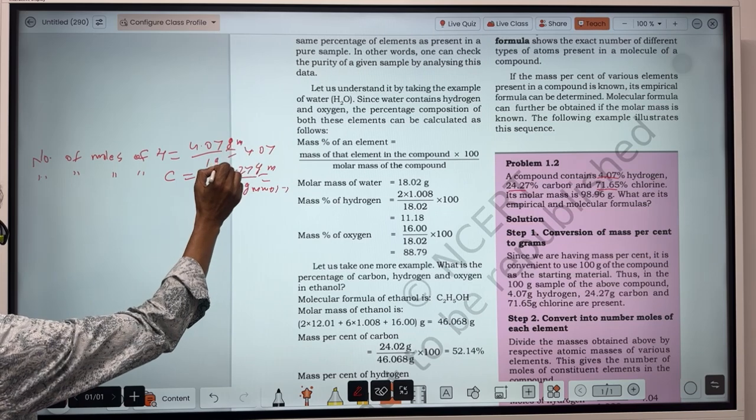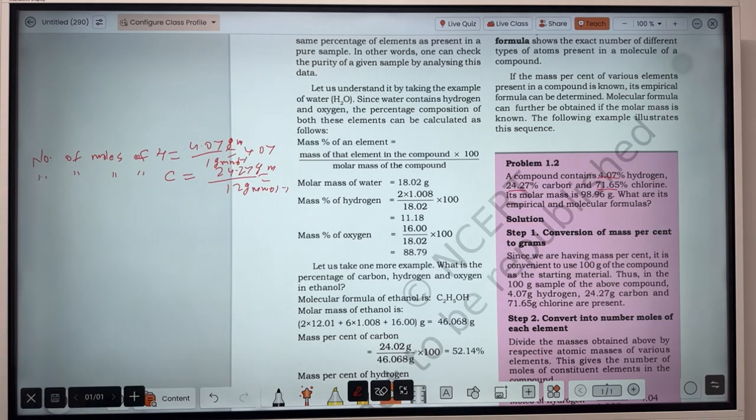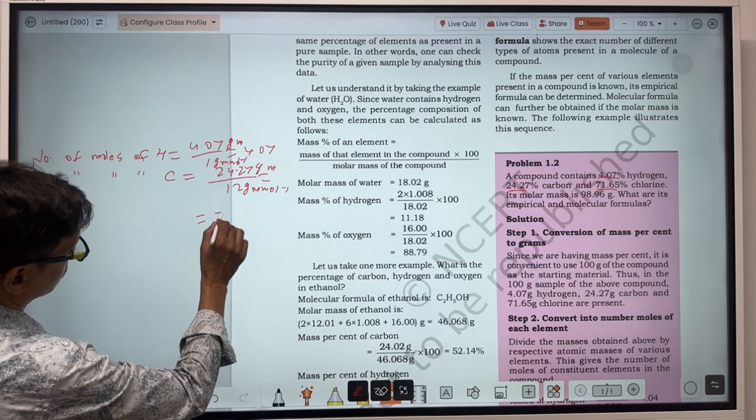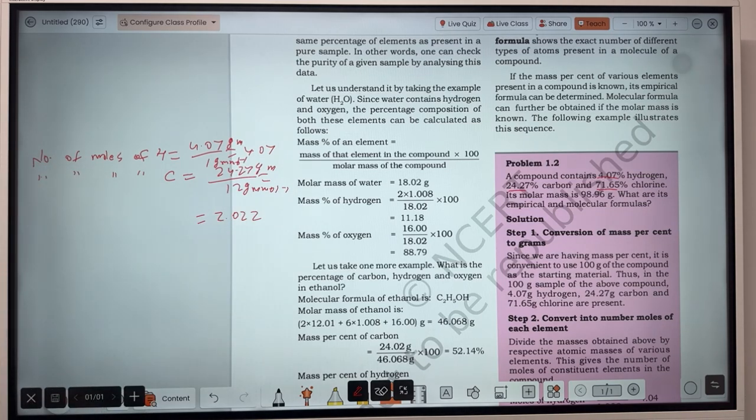So divide 24.27 by 12 and calculate that firstly. That comes to 2.022.